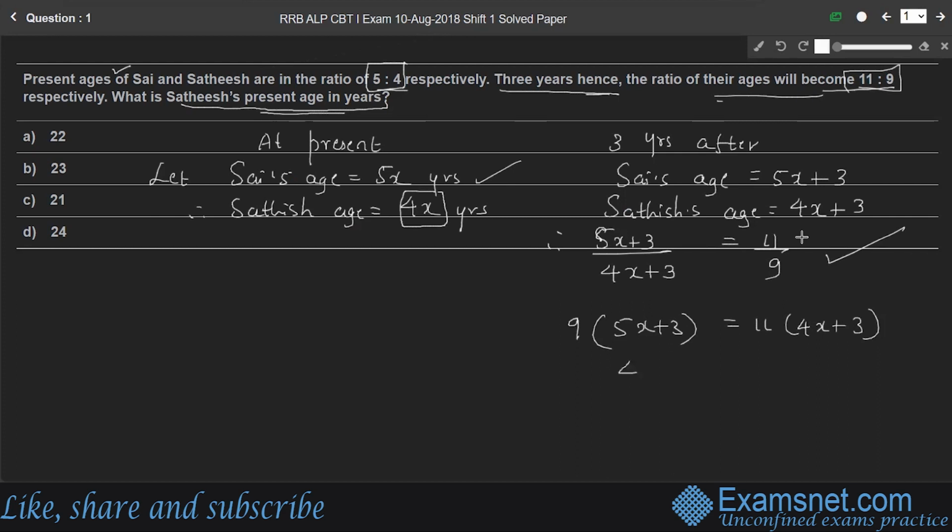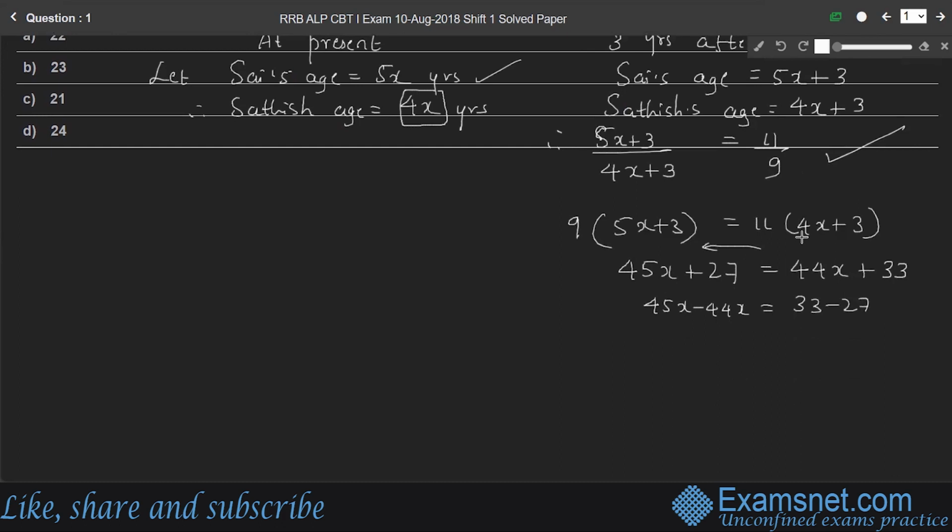So 9 into 5, 45x plus 9 into 3, 27 is equal to 11 into 4, 44x plus 11 into 3, 33. Take this 44x to the other side. So it becomes 45x minus 44x is equal to 33 minus 27. 45 minus 44 is 1. So x is equal to 33 minus 27, which is 6. Value of x is 6.